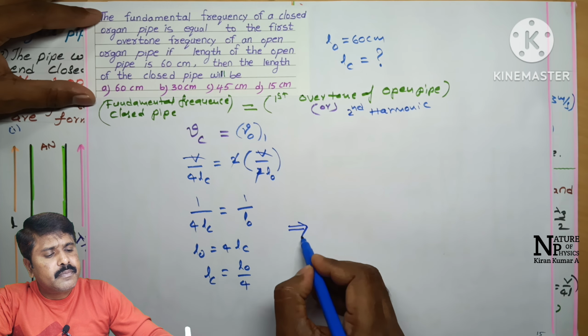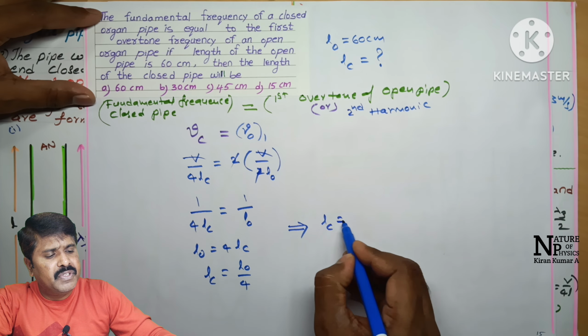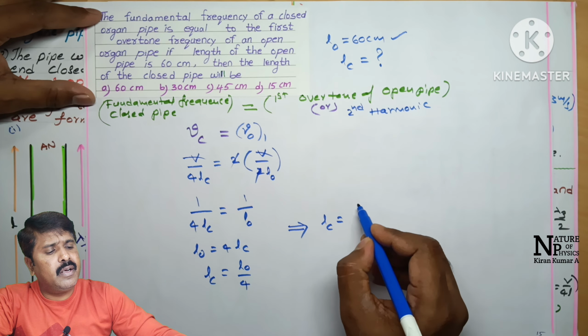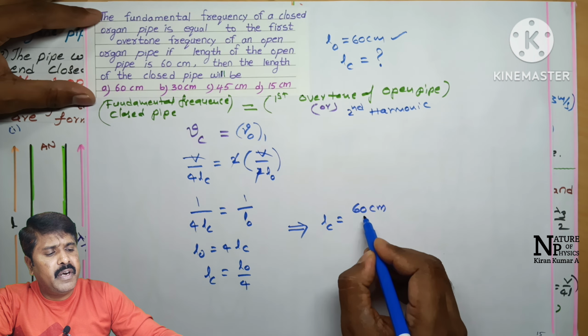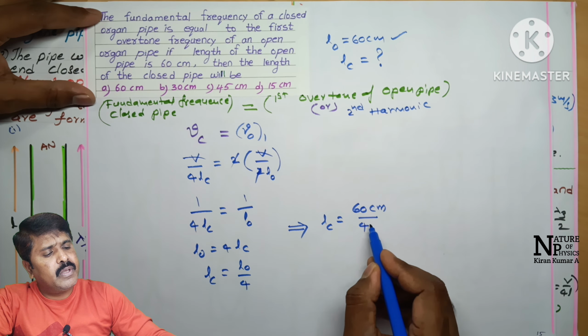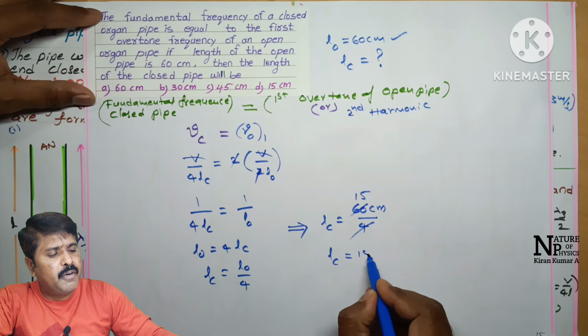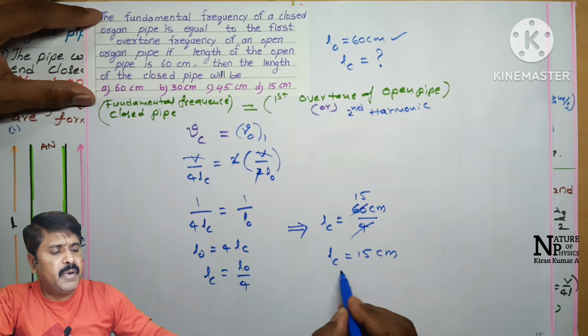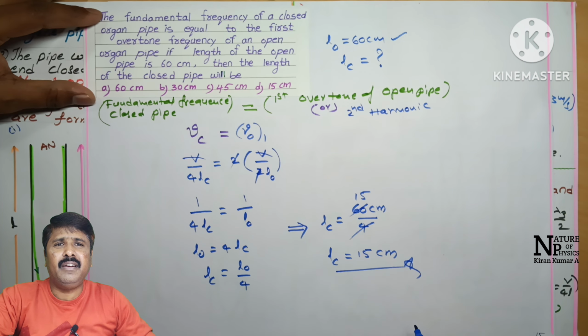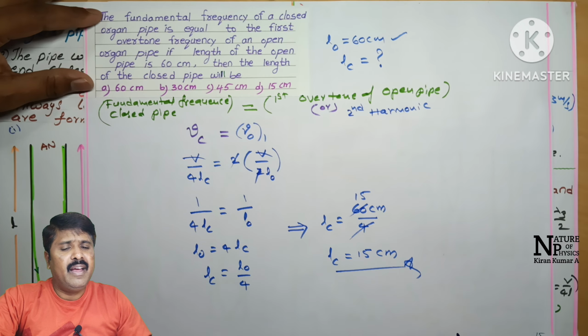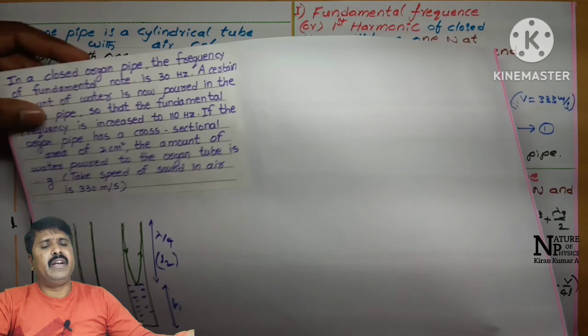Continuing the step, LC is equal to L0, which is 60 centimeter as given, divided by 4. So the length of the closed organ pipe is 15 centimeter, which is the answer for the given question. Okay, and next question we will discuss.